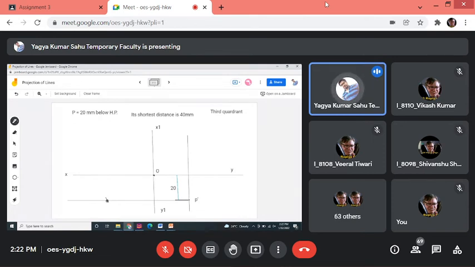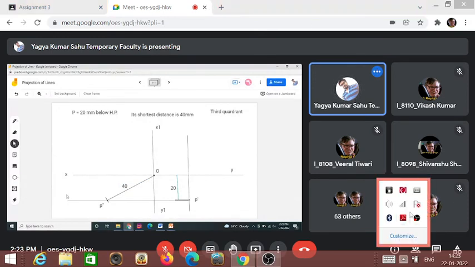What about the name of this particular point? Name of this point is P double dash, side view. And what about the length of this P double dash from XY? ये लेंथ कितना होगा? This one, 40 mm. We don't know the angle. Next, कौन सा measure करना है?